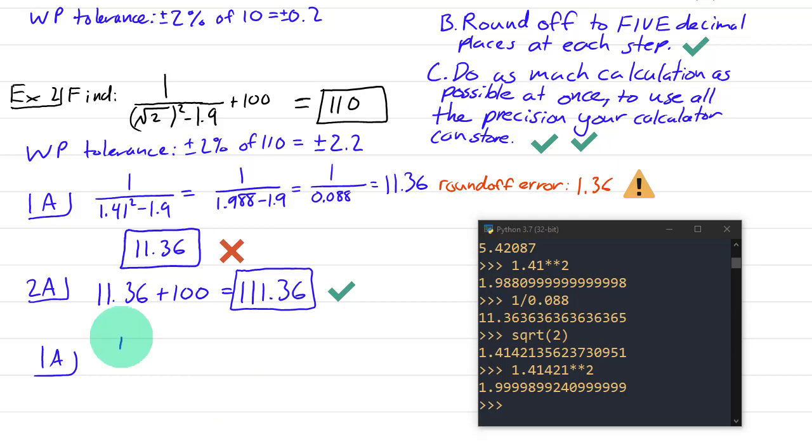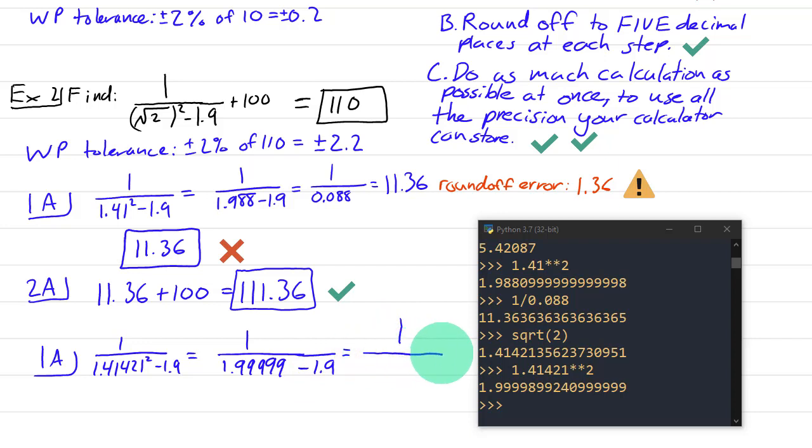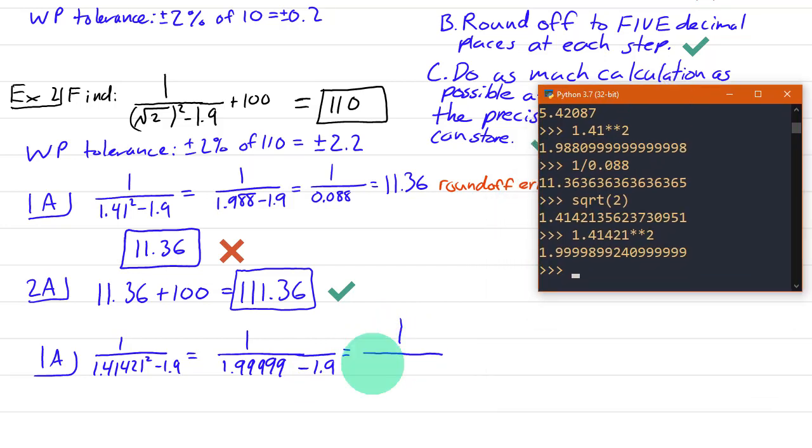We're doing 1.41421 squared minus 1.9. That gives you 1 over 1.99999 minus 1.9. And then after you subtract that, we're going to get 0.09999.